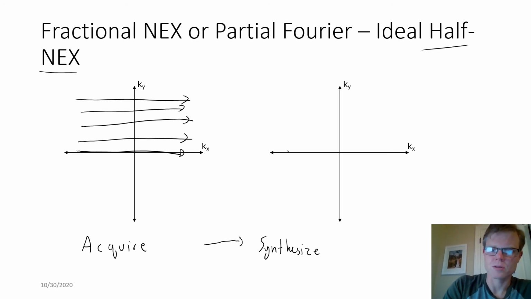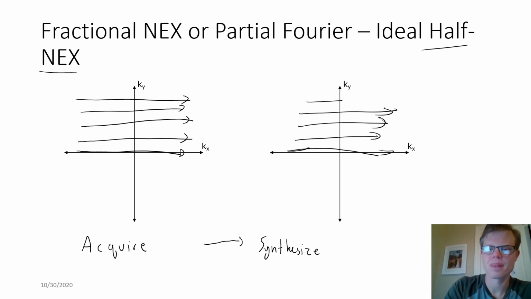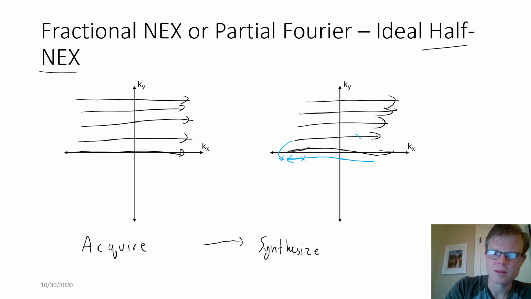We're still going to have the data that we acquired. But then, for example, we'll take this data down here. It's going to point in the opposite direction, so these locations map here. We're going to map it to the negative points, and we're also going to perform the conjugation.